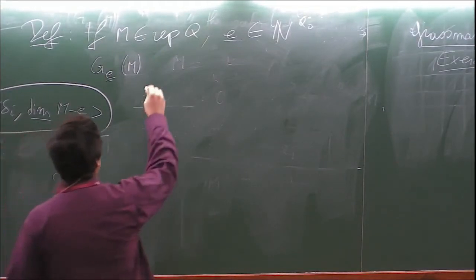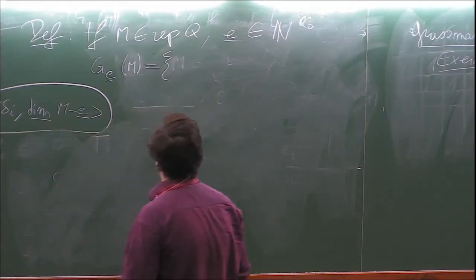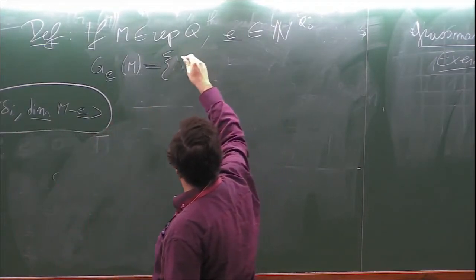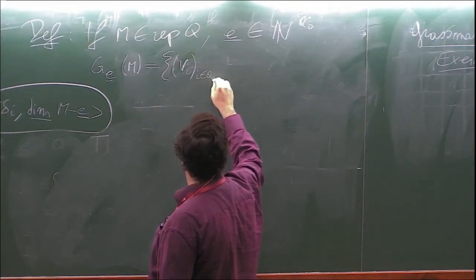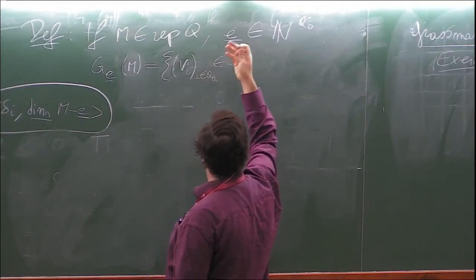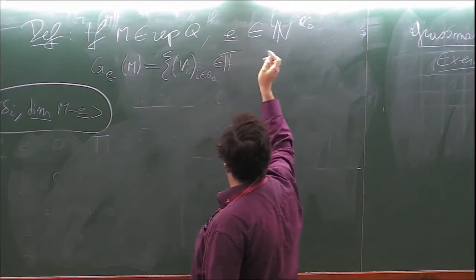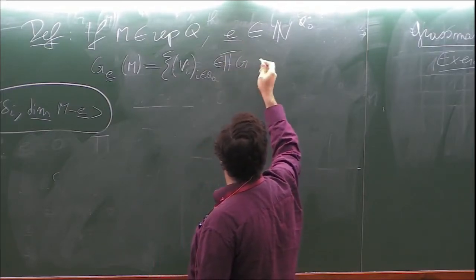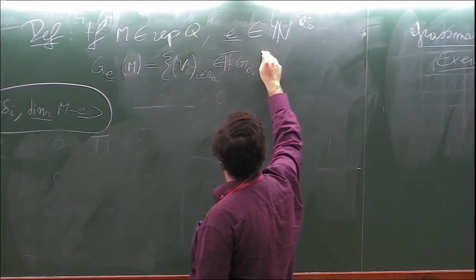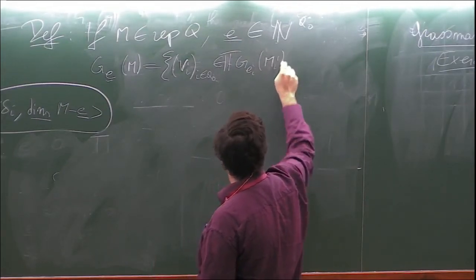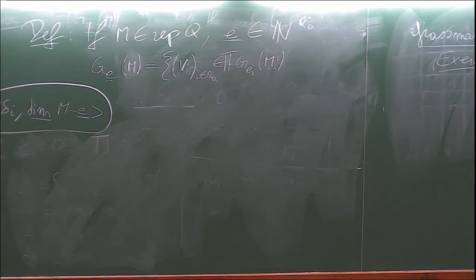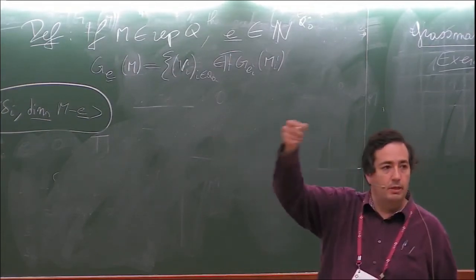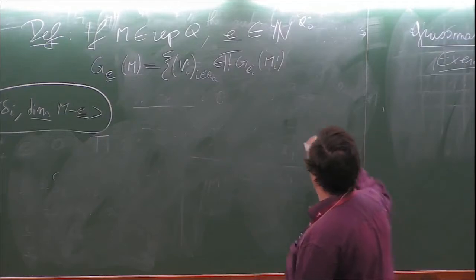So let's call it V_i for i in Q_0, which is, for each of them, in the Grassmannian of dimension e_i of M_i. So I just take one subspace for each. But of course, this is not a sub-representation. It's just a collection of subspaces.